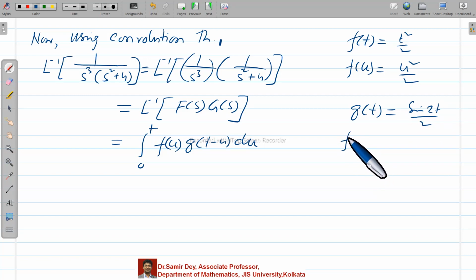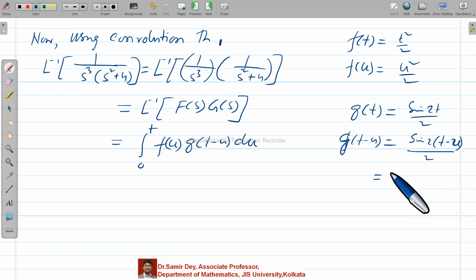So what will be the g of t minus u? That is your sine of 2 times t minus u, by 2. Clear? So here you may write 1 by 2 outside, sine of 2t minus 2u.